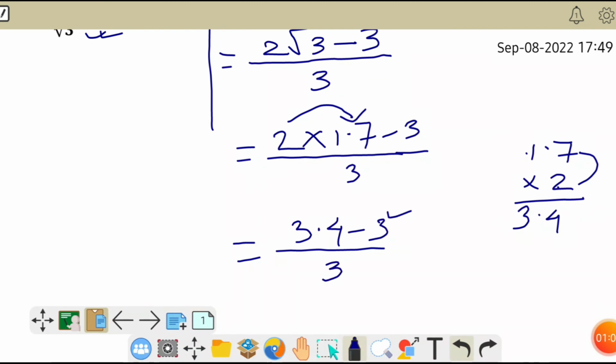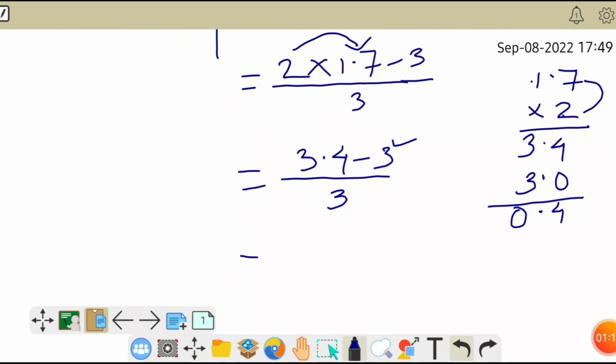Now we have to subtract 3 from 3.4. 3 means 3.0, so we have 0.4. Here we got 0.4 by 3. This is our answer.